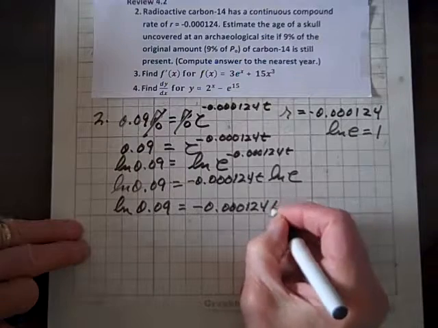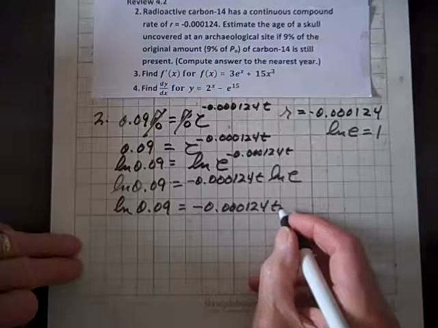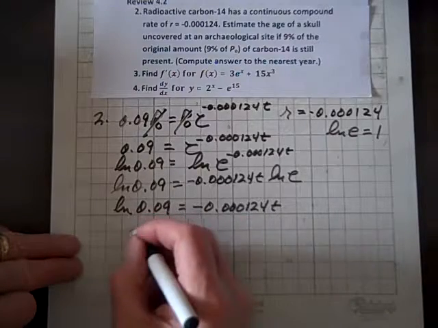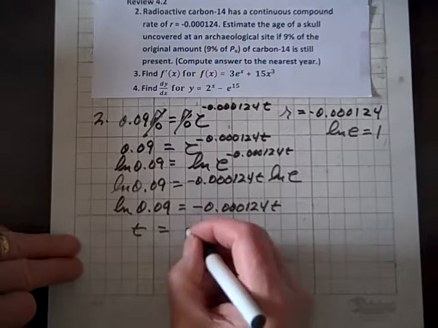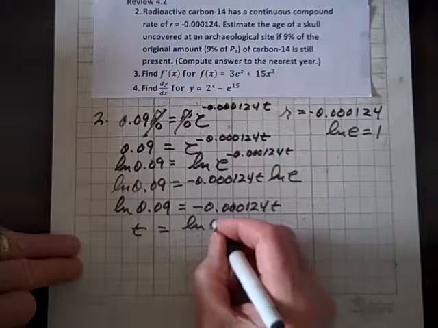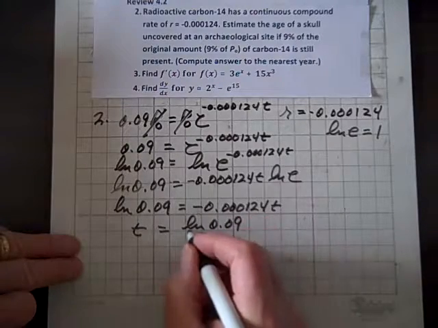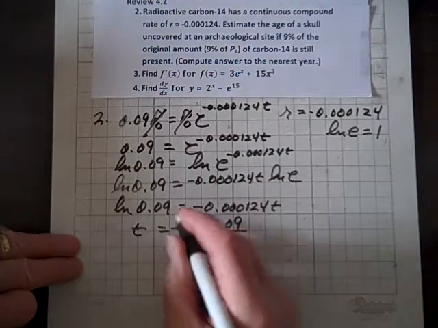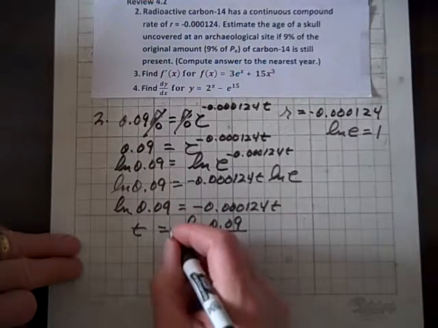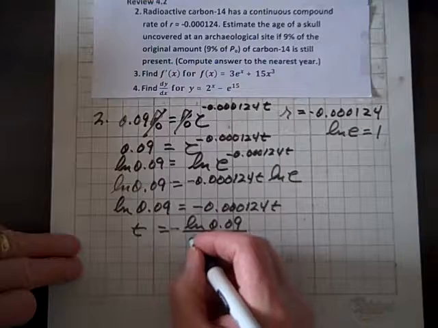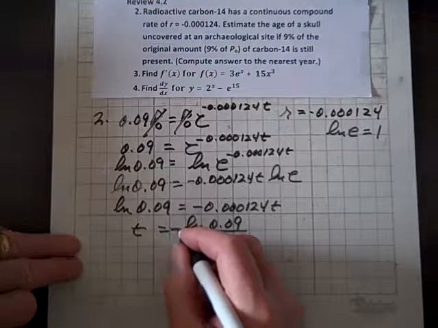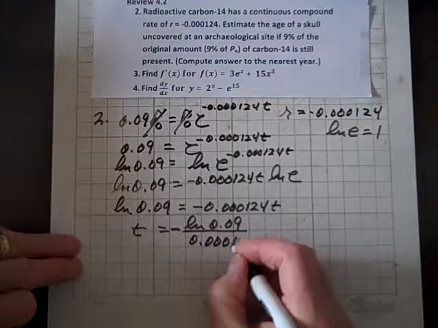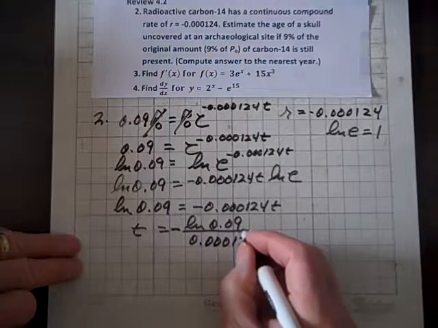0.000124t. Now let's divide both sides by the coefficient on t. So we get t equals ln of 0.09 divided by, and that's going to be negative, because we're dividing by a negative, so I'll put the negative sign right there, 0.000124.